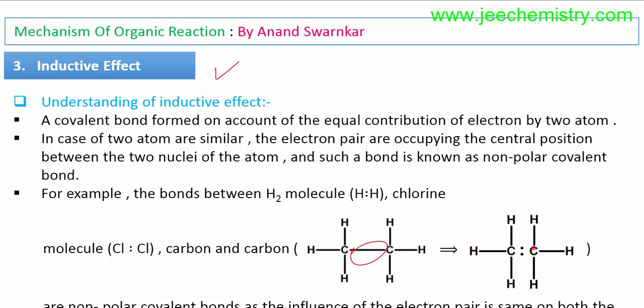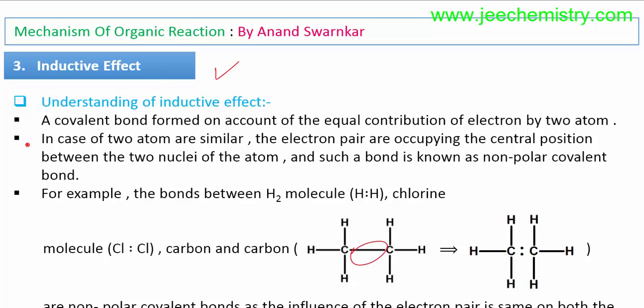But if the two atoms are dissimilar, one more electronegative and one less electronegative, there is a difference in electronegativity, and in that condition the electrons will not occupy the middle position. They will shift slightly, more shift, towards the more electronegative atom.